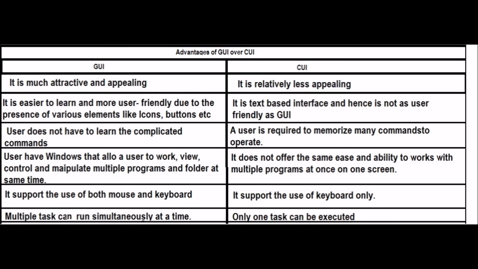Advantages of GUI over CUI. GUI is much more attractive and appealing, whereas CUI is relatively less appealing. GUI is easier to learn and more user-friendly due to the presence of various elements like icons, buttons, etc., whereas CUI is a text-based interface and hence is not as user-friendly as GUI.